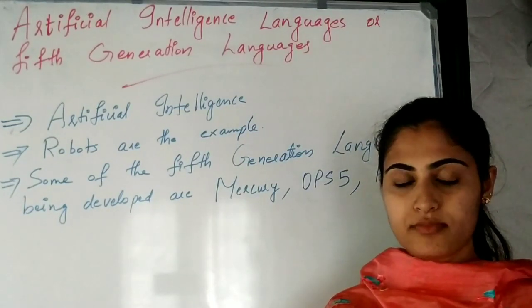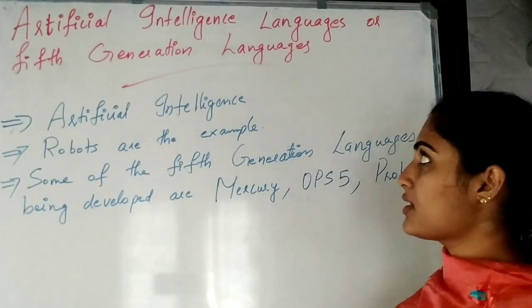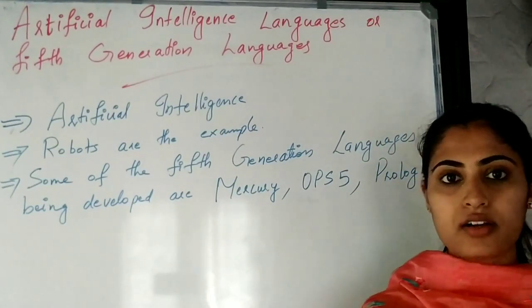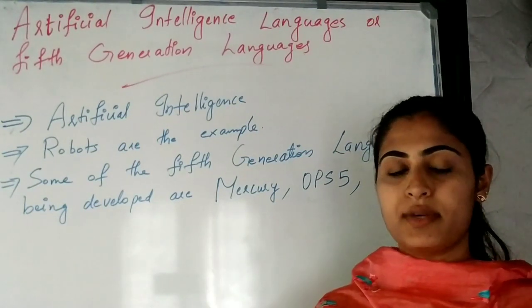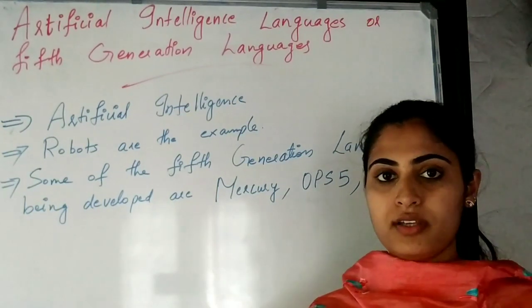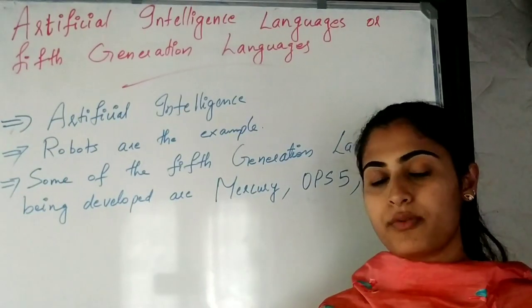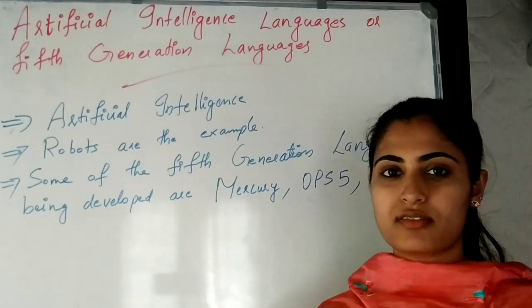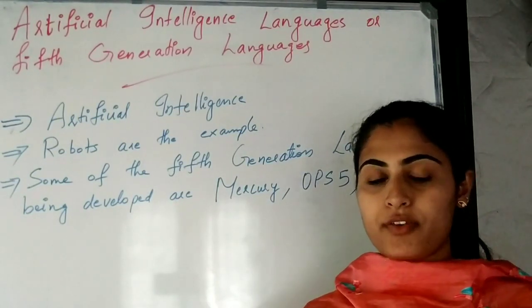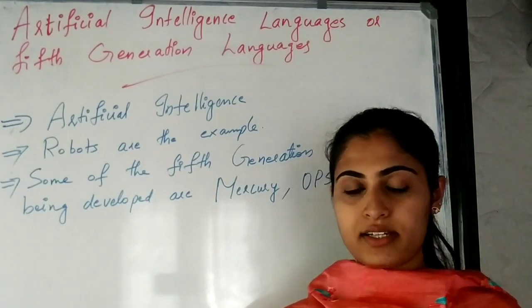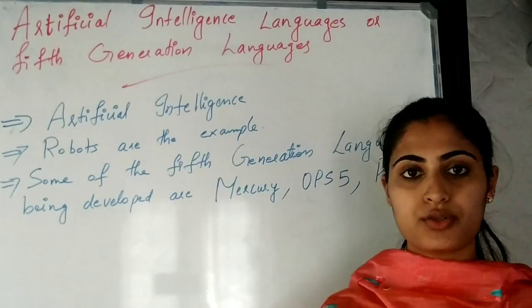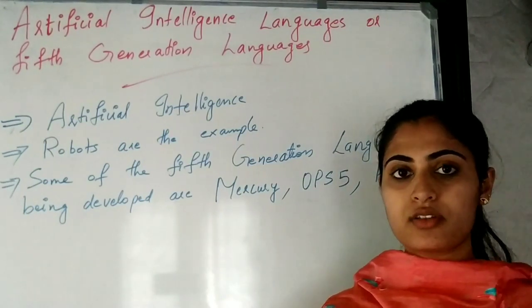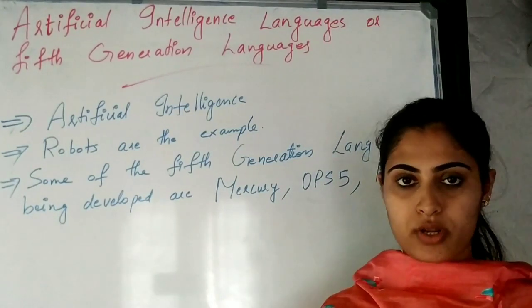Okay. And these fifth generation languages are not fully developed and they are in an experimental stage. And they are being developed for future purposes. Once these fifth generation languages get fully developed, they will help computers to solve problems without the help of a programmer.